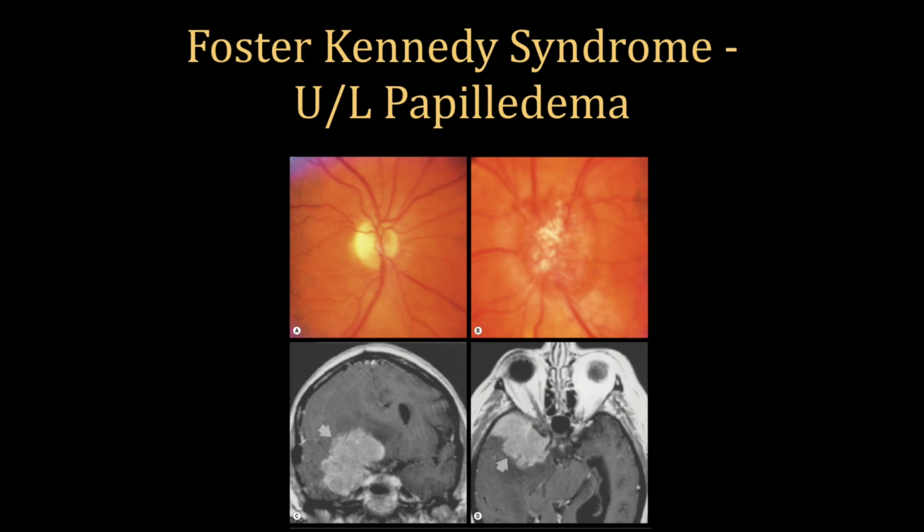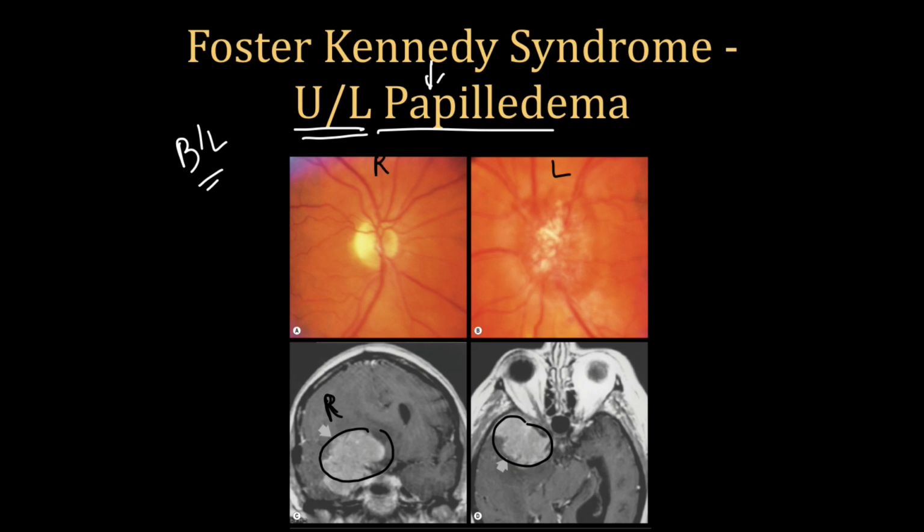One very interesting feature is Foster-Kennedy syndrome. Now, as I told you previously, most often papilledemas are bilateral, but at times they can be unilateral as well. And this is one of the conditions where you have a unilateral papilledema. In this picture, you can see there's a tumor in the frontal lobe on the right side. This is the right side, this is the left side.